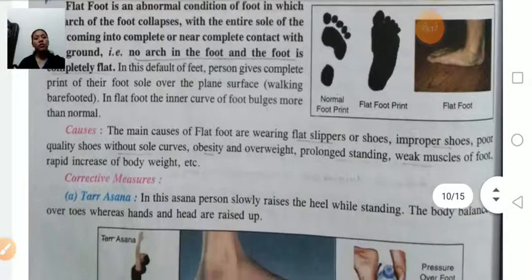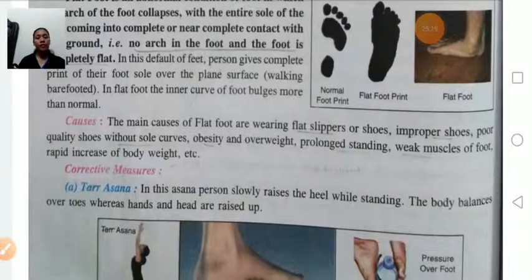What are the causes of flat foot? The main cause of flat foot is wearing slippers and shoes, okay, flat slippers or shoes, improper shoes, poor quality shoes without soles. If you wear shoes without the sole curve, obesity and overweight are also causes of flat foot, as well as knock knee.